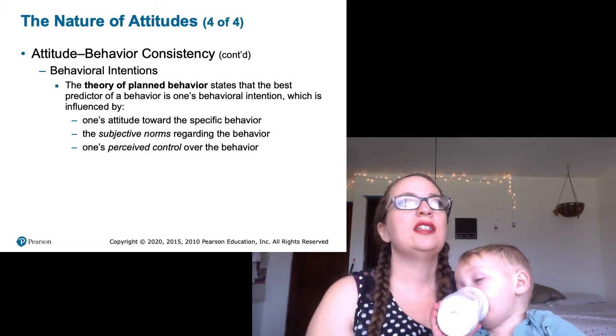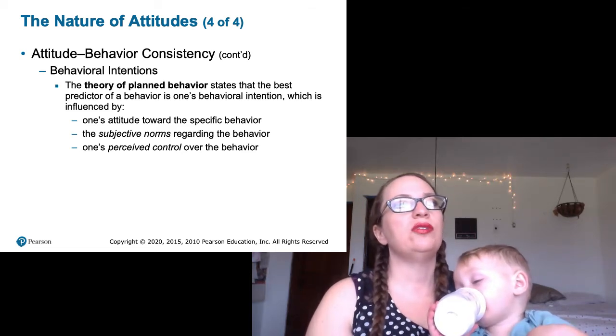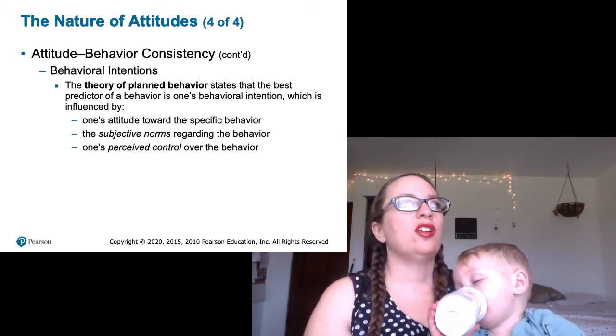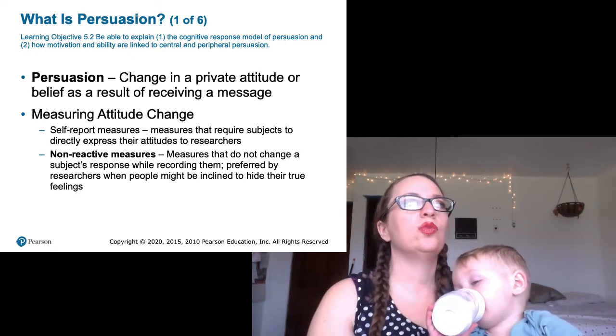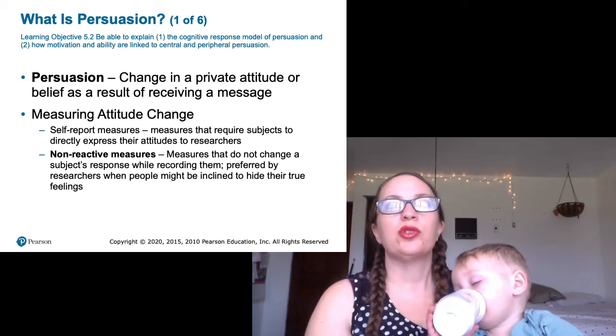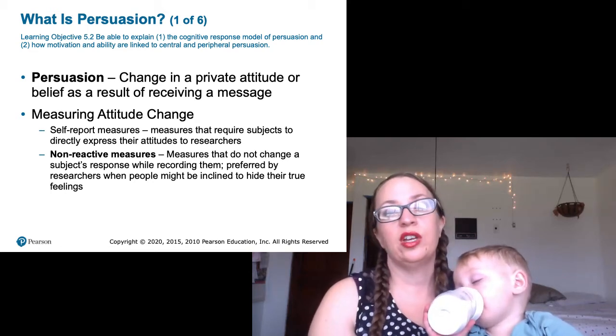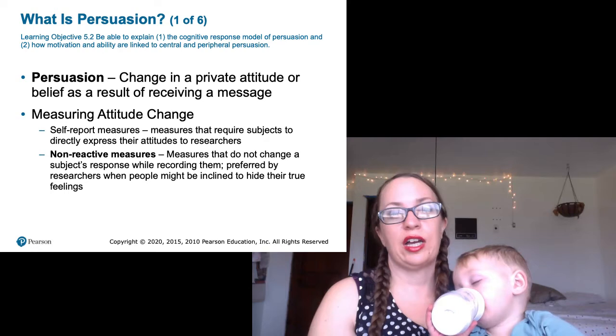An attitude is simply a negative or positive belief towards a thing, an object, an event, something like that. So when we have attitudes, people are always persuading us, and we're persuading others, to change our attitudes.